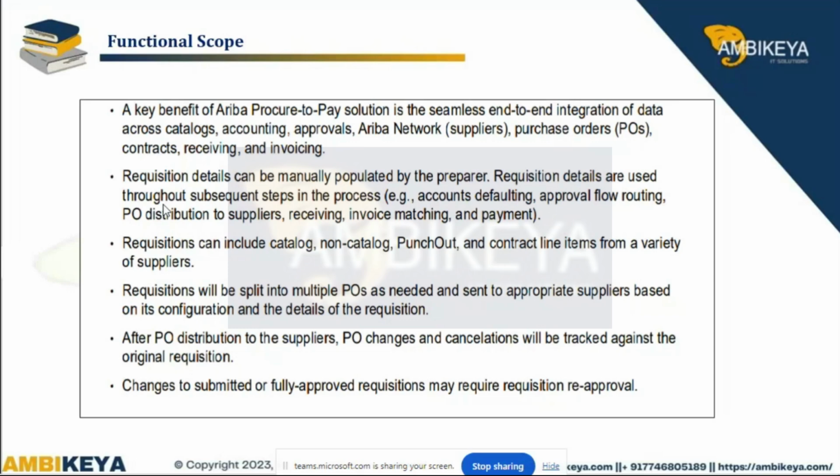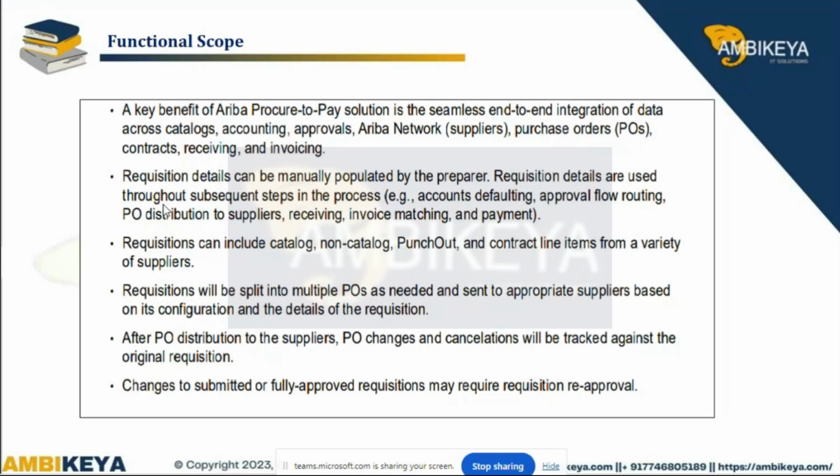For example, I created a purchase requisition and submitted it, and all the approvers approved it. Once all the approvers have approved, it will generate a purchase order. Once the purchase order is generated, or even before that, if you want to change the purchase requisition, it will trigger the workflow again from scratch.